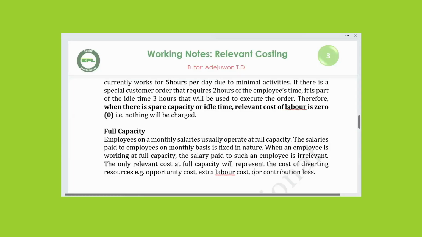Because you are working at full capacity, you are supposed to work for 8 hours in a day. Your time is up in the evening, 4 o'clock or 5 o'clock. You are supposed to close, but because you have so much to do, you have a special order to attend to. Therefore, the company may decide that you have to work for extra 2 hours. So if you work for extra 2 hours, that means the company will pay you for that extra. That is overtime. So the cost of overtime is relevant.